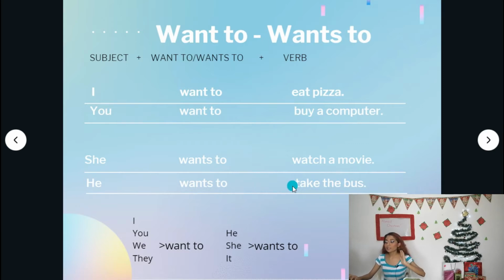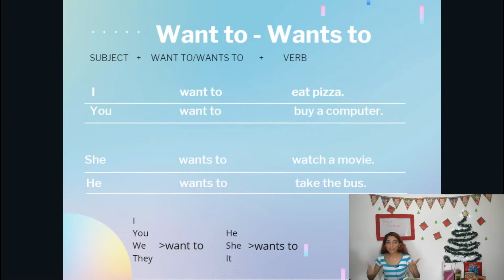So, it's super important that you remember when you are going to use want to and when you are going to use wants to. Remember this: I, you, we, and they want to. If we have he, she, or it, we are going to use wants to, okay?